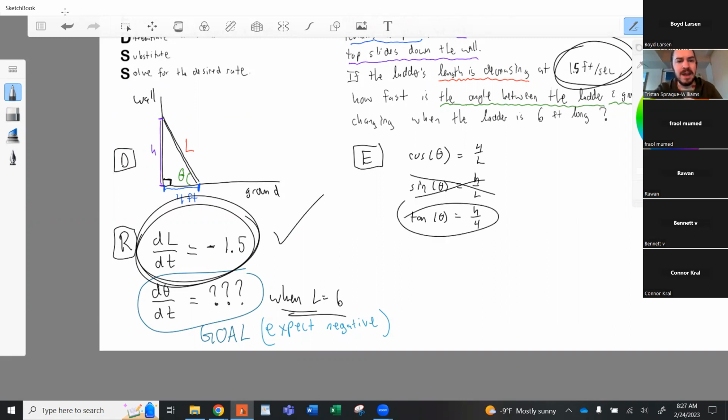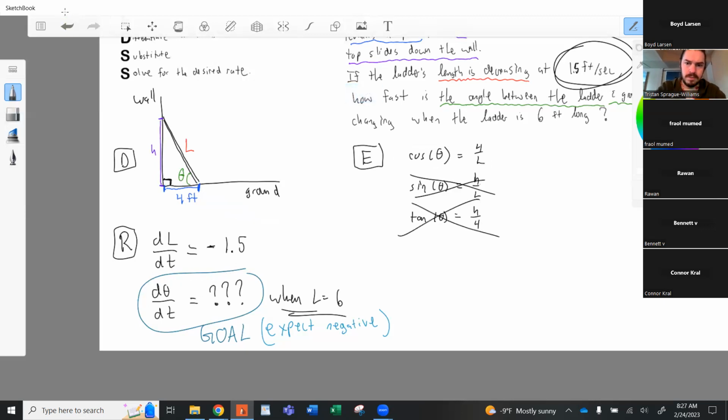If we had instead been given some information about h, then this would be the one to use. But since we were given information about L, we don't want to use an equation unless it has L in it. So that gets us down to just cosine. That's going to be our equation, folks. Cosine of theta equals 4 over L.